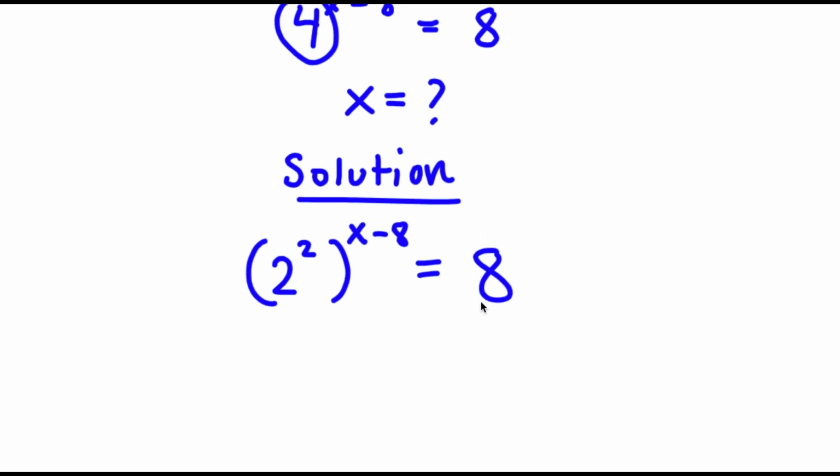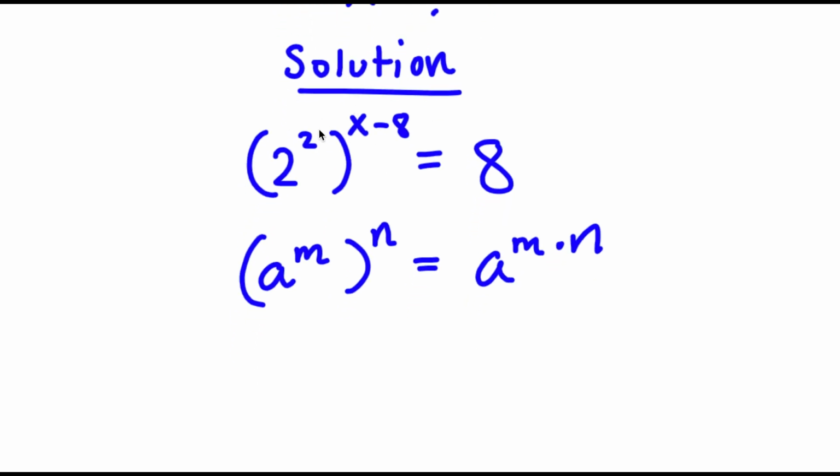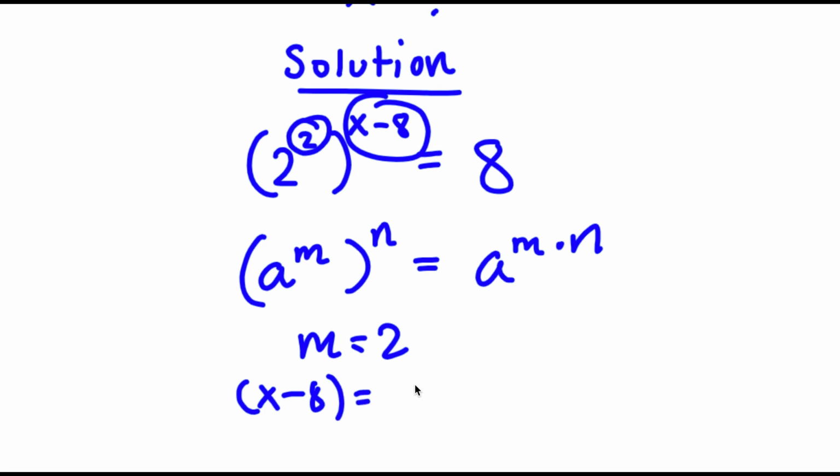Now, if I have something in the form (a^m)^n, this is equal to a^(m·n). So in this case, I have 2 to the power of 2 to the power of x minus 8, and we can think of 2 here as m and x minus 8, the whole thing, as n.